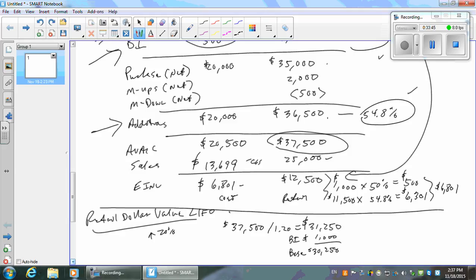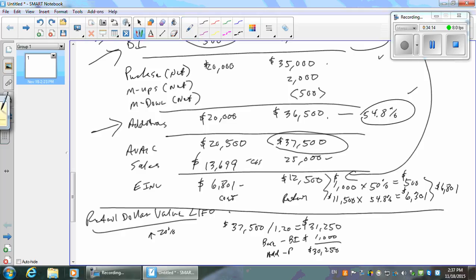Then what do I want to do? Sorry, backwards. The beginning inventory is the base, right? This is the addition in year-end dollars. Or in base year dollars, I'm sorry. The addition I've brought down to base year dollars.